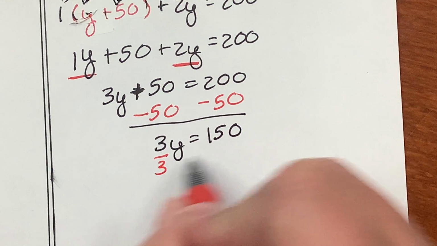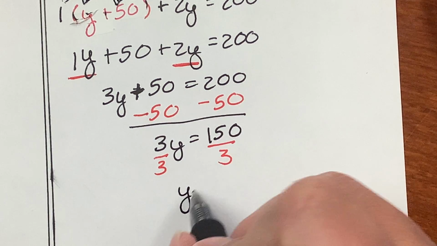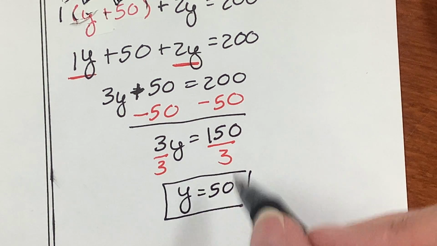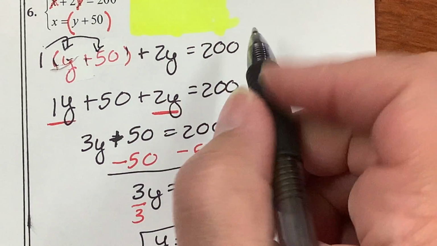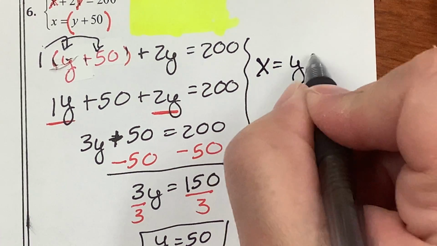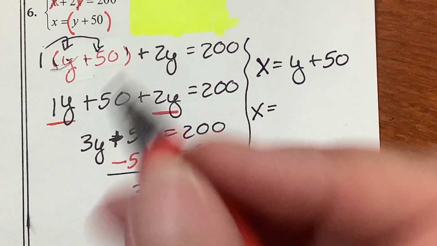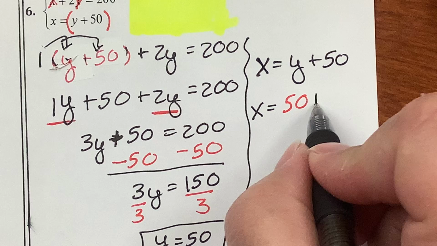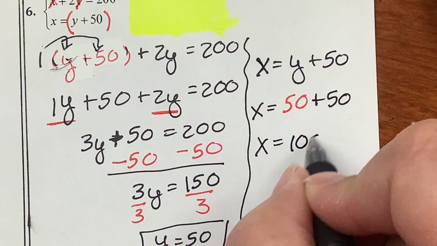Divide by 3, and y equals 50. So I substitute this back into this equation. X equals y plus 50. X equals 50 plus 50. And then x equals 100.